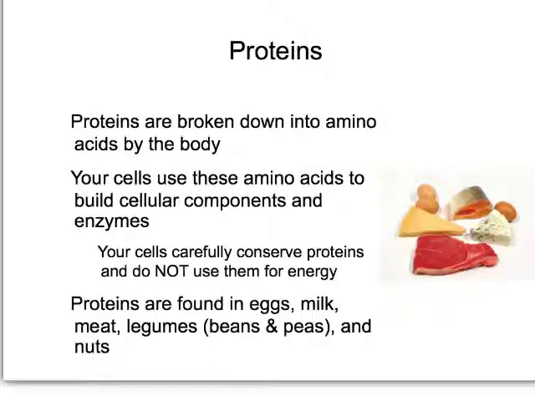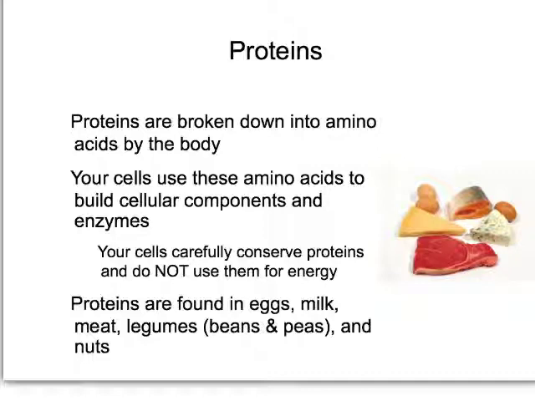Next nutrient we'll talk about is proteins. Proteins are broken down into amino acids by the body, and your cells use these amino acids to build cellular components and enzymes. Your cells carefully conserve proteins and do not use them for energy.